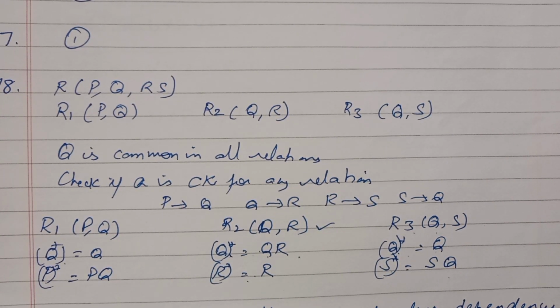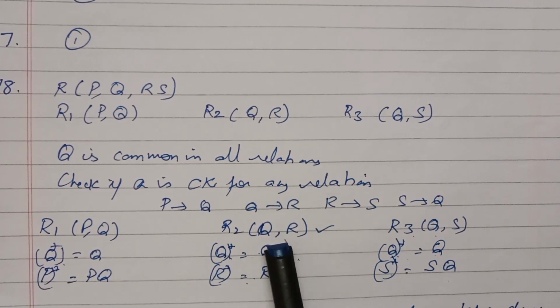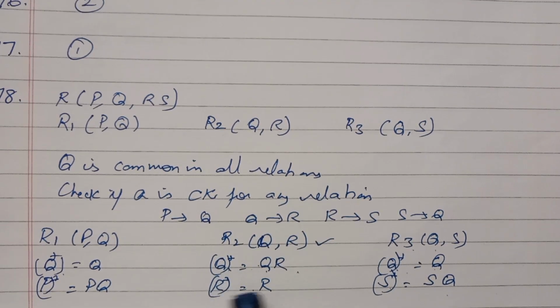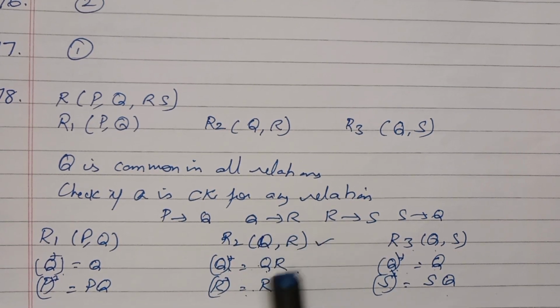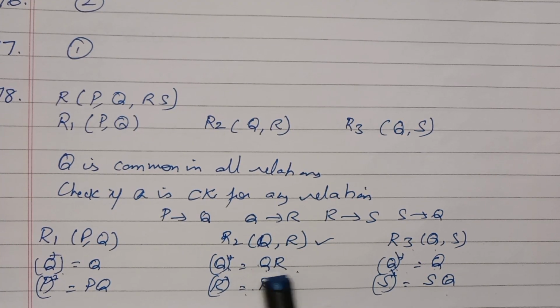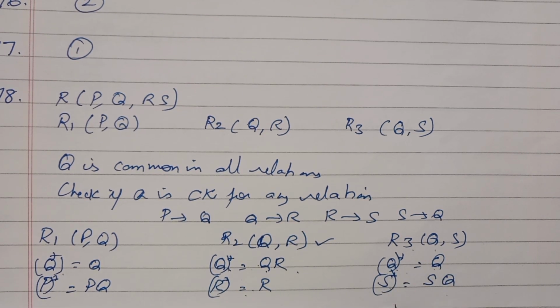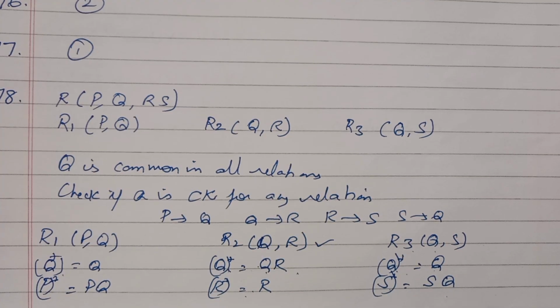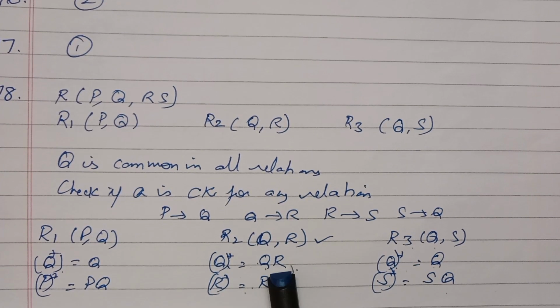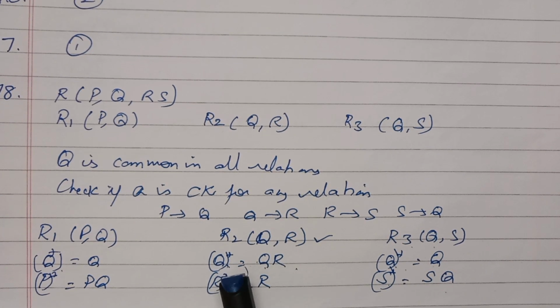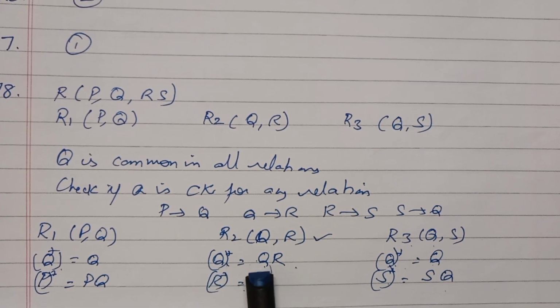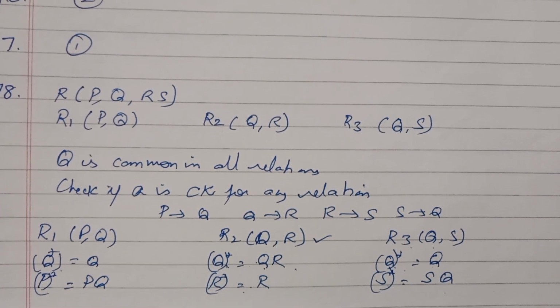Next, the R2 relation. R2 has Q and R. The closure of Q is Q, and then Q tends to R, so the closure of Q has Q and R, and the closure of R has only R. In R3 you have Q and S. The closure of Q is Q, the closure of S is S, and S tends to Q. Q is a candidate key for relation R2 because Q derives all the attributes in R2.